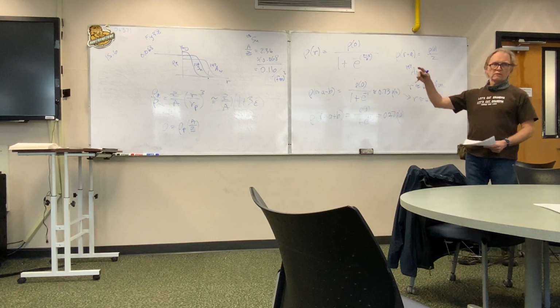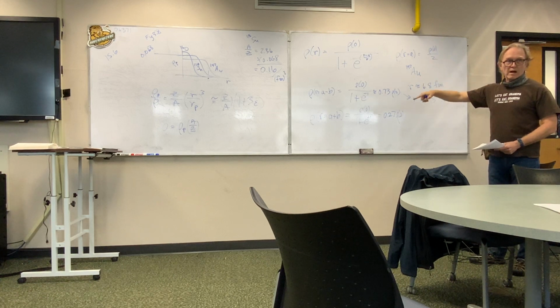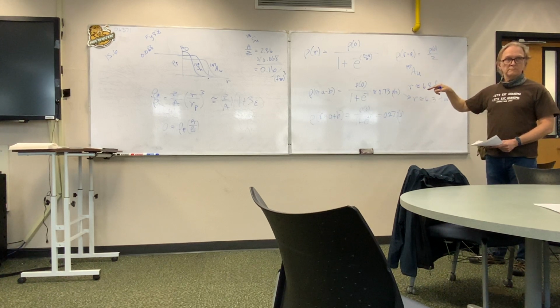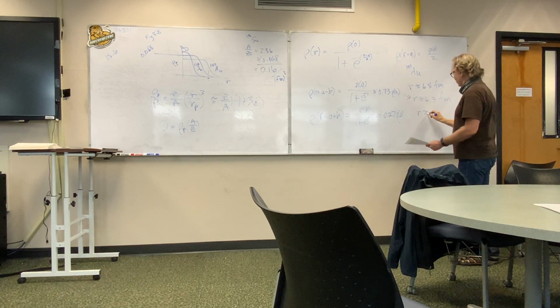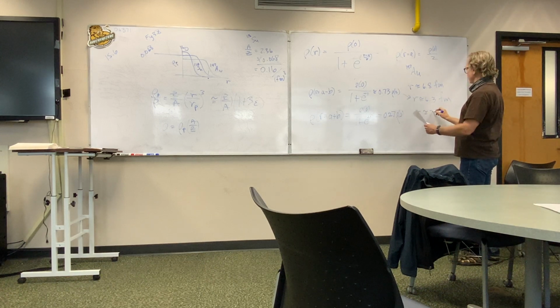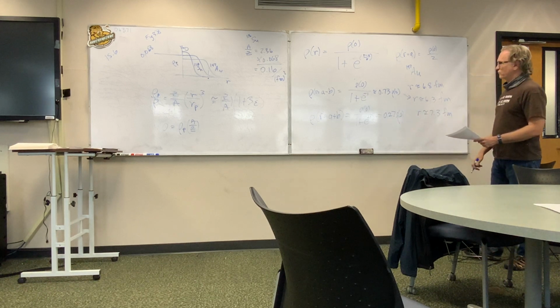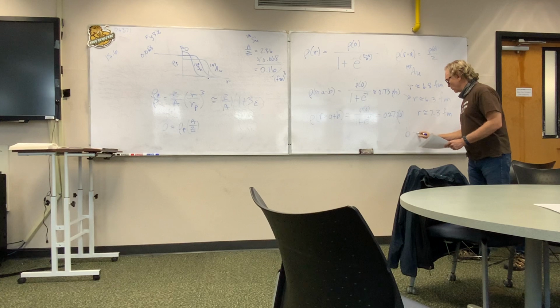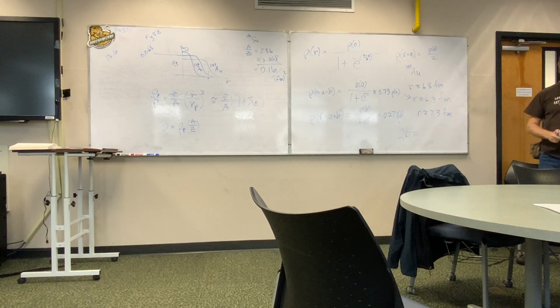So I find where that drops to 0.27 of its maximum value. I read off where that is. R is about equal to, what did I get? 7.3 femtometers. So from that, I can now figure out what B equals. Matter of fact, I can figure out what 2B equals.